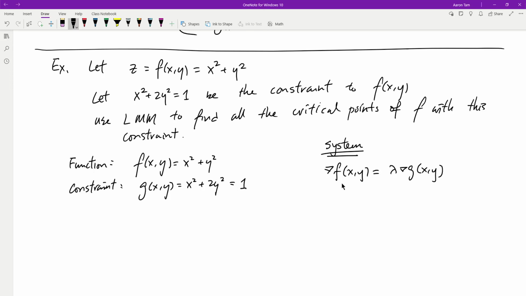The gradient of f is a vector, which in this case is 2x, 2y. Gradient of g is also a vector, and this vector is 2x, 4y. I'm going to multiply out the lambda.